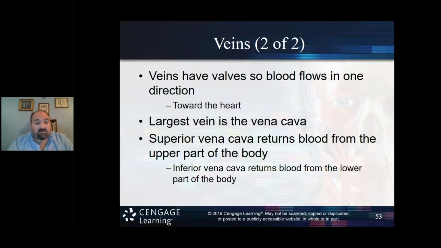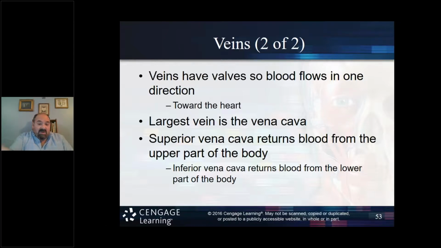We also talked about, or I didn't mention this, but the vena cava is the largest vein within the body. You can see it in the lab when you have the opportunity, by looking at the flat model of the human body and the different vasculature.